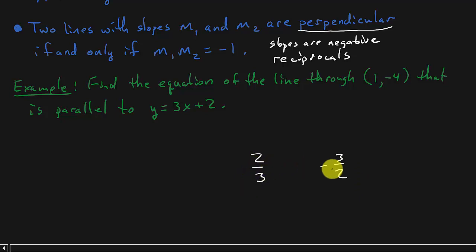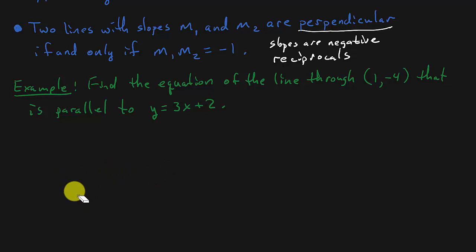You flip it and change the sign. What if it was 7? What would be the slope of the line perpendicular? That's right, -1/7. What if it was, I don't know, -3? That would be 1/3. All right. So with that in mind, let's go ahead and work these next two problems.